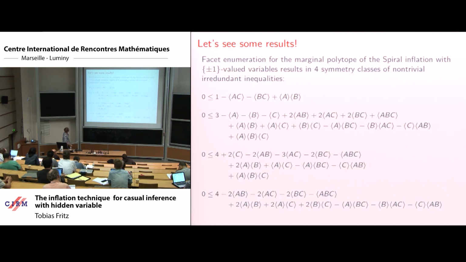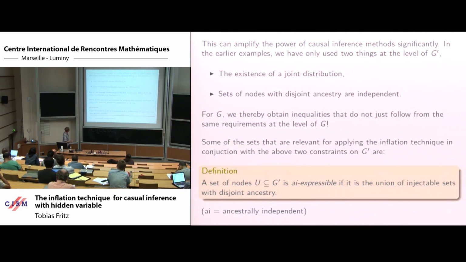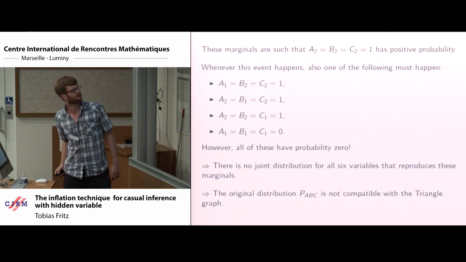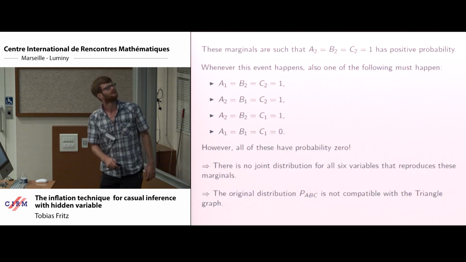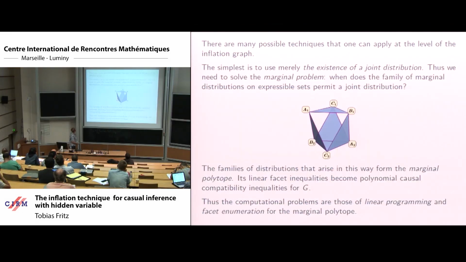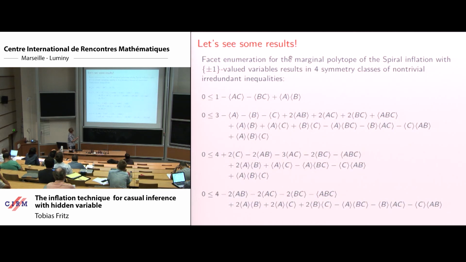Here are the results for doing this facet enumeration, and so deriving all the inequalities for a particular inflation, namely the inflation graph that we looked at for the triangle. We get a bunch of polynomial inequalities, ordered by degree.